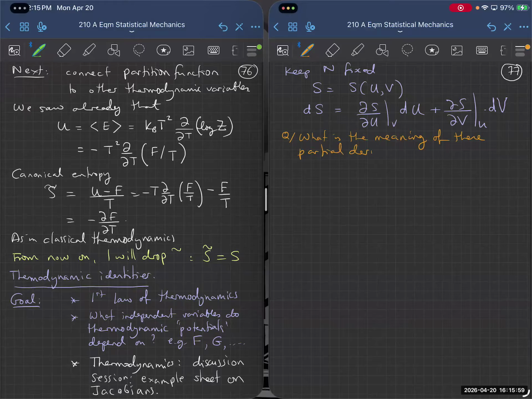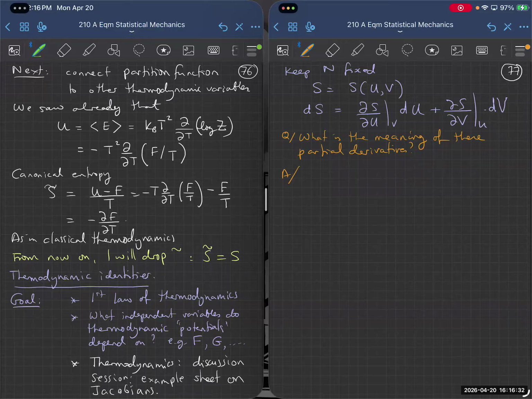We sort of started with that when we were doing the isolated system, but I want to go into it now in a little more detail. So here is the logic. I'm going to consider making a change in the system, but keeping the entropy unchanged. So we're going to make what's called an adiabatic change on the system.